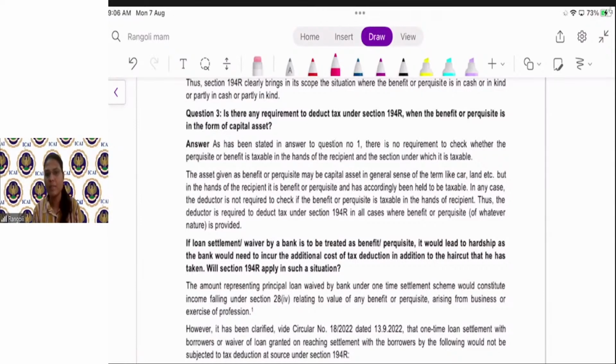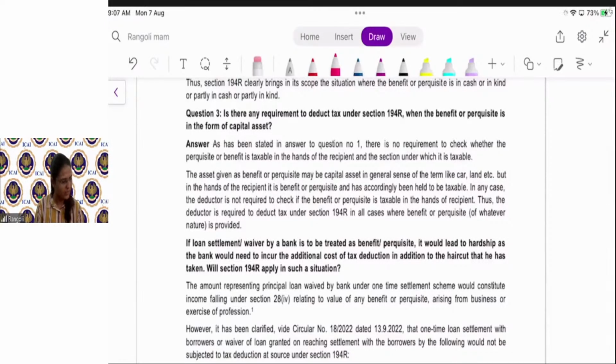What you need to check, if you are providing any perquisite or any benefit to your customer, is that you need to deduct TDS at the rate of 10% under section 194R if the value of perquisites is more than 20,000. Say for example, if you are providing a car or land to your customer, that is the capital asset.